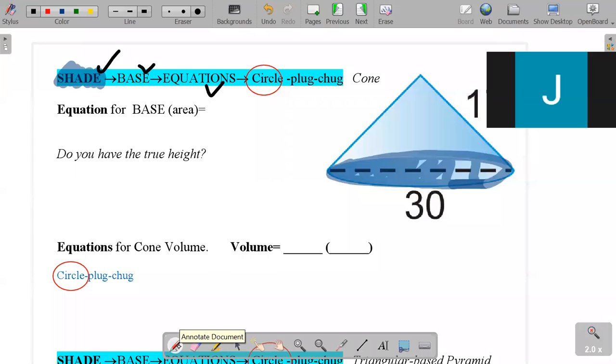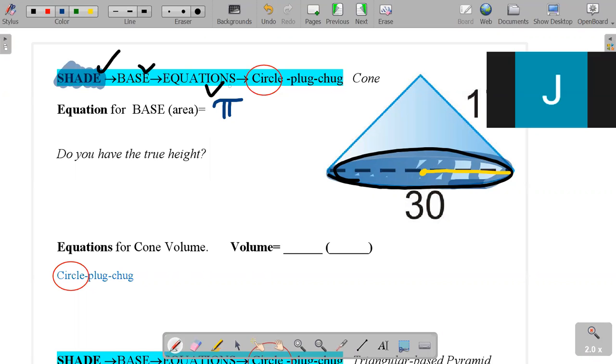The base is a circle, so I used pi r squared. You are correct. What did you use for the radius, ma'am? 15. Beautiful job. And what'd you get? 225 pi. That's what I'm talking about. So I have r squared, and you should have gotten 225 pi units squared.